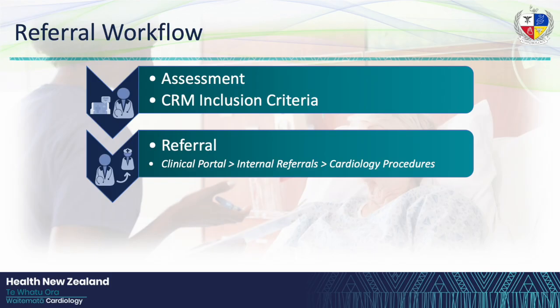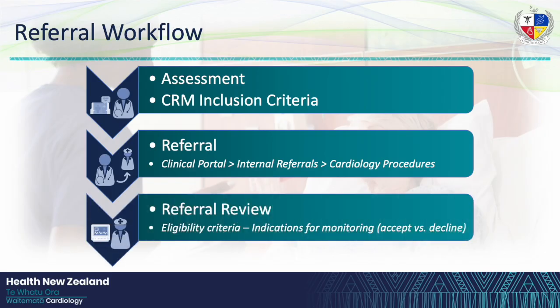Once the referral is submitted, the telemetry nurse receives and triages the referral, checking for completeness and confirming that all eligibility criteria are met. If additional clarification is required, the telemetry RN consults with the referring clinician to confirm the indication for monitoring.